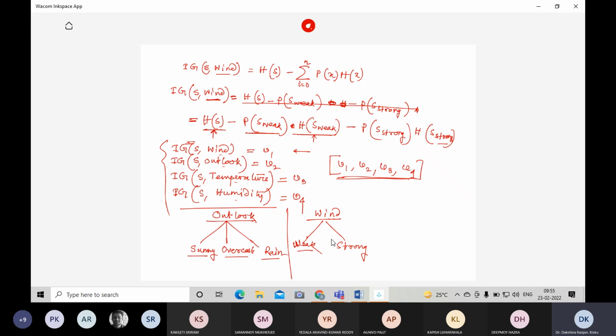Now after selecting the root node, what will be the next step? Can you tell me? Now we will go for a particular feature value.